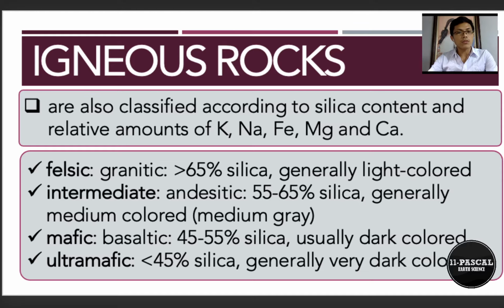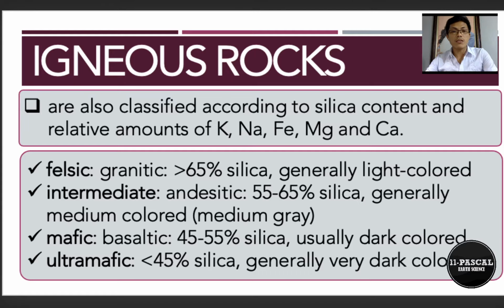They have 65% silica content, so they are generally light colored. An example of a felsic type of igneous rock is granite. For intrusive, we have granite and granodiorite.